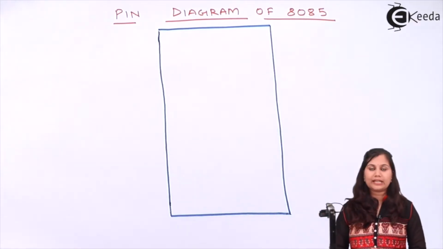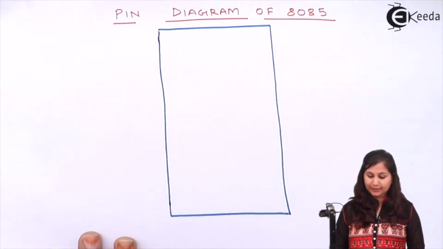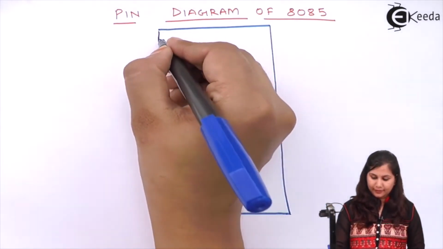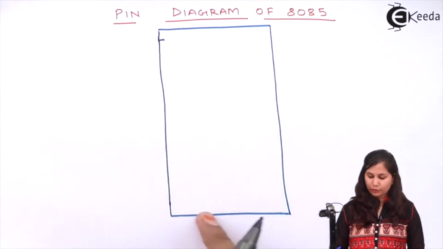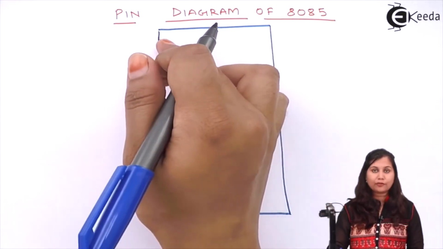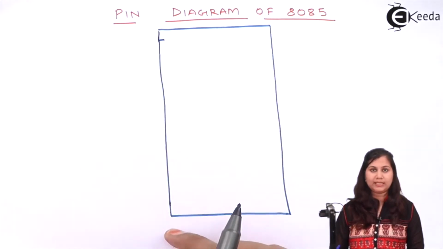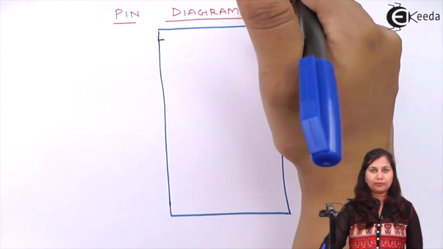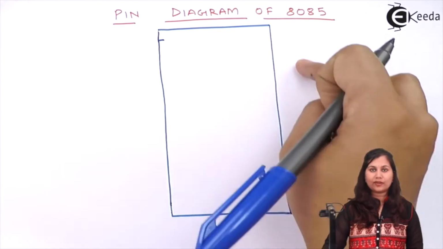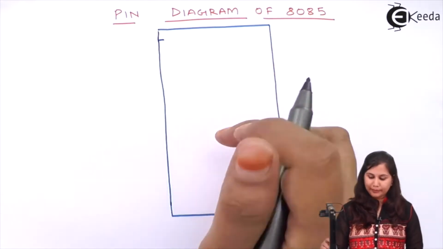As 8085 is a 40 pin IC, there are 40 pins in it, starting from 1 to 40. We will start from 1, 2, 3 till 20, and 21 will start from here. So in this way we have the numbering of the pins.